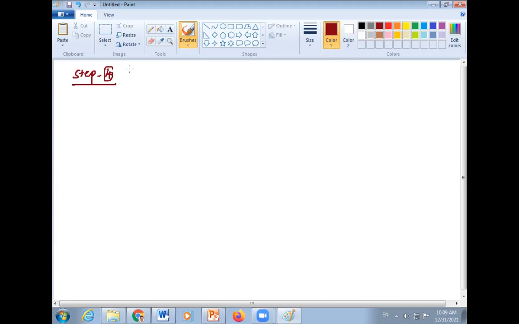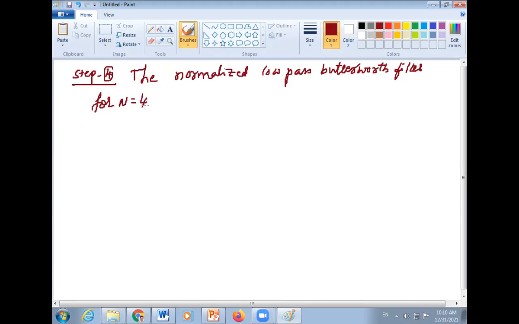The transfer function for the normalized low pass Butterworth filter for n equals 4 can be found from the table.